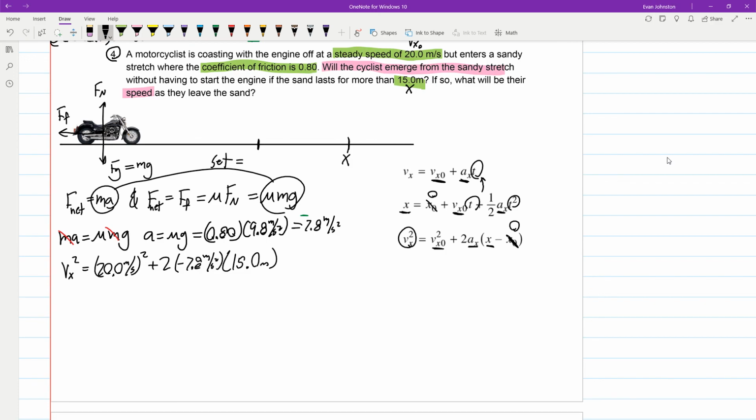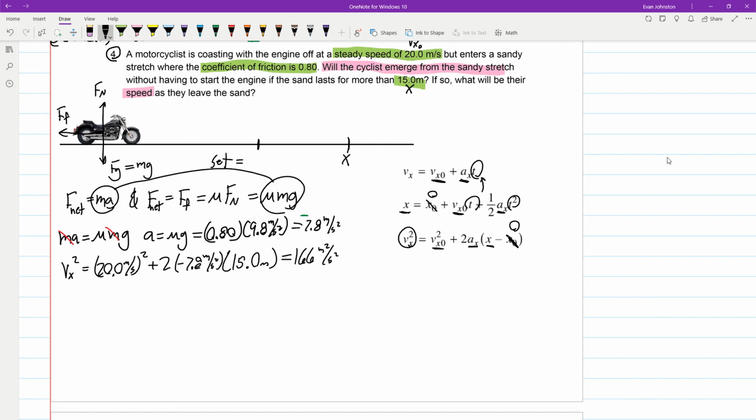Now, here's why this is going to work for us. If we do the math on all this, 20 squared minus 2 times 7.8 times 15, I get 166 meters squared over seconds squared.